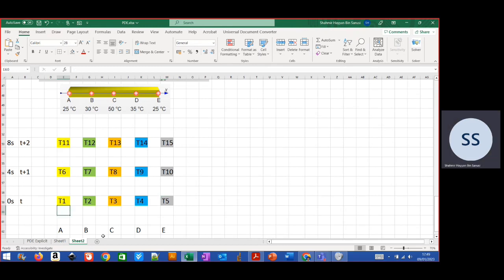So here the temperatures are 25, 30, 50, 35, and 25. Now, when t equals 4 seconds or at t plus 1, we already know the value of point A and point E, but we don't know the values at points T7, T8, and T9.